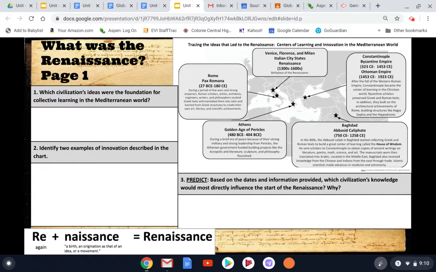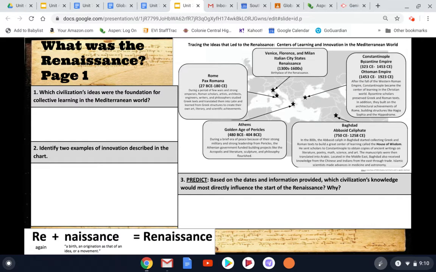So which civilization's ideas were the base? Well, we read a little bit later that Rome studied and kind of copied a lot of the culture and ideas of Greece. Even a little bit later, the eastern half of the Roman Empire becomes the Byzantine Empire, and they study and preserve a lot of Roman style architecture and culture that also is based off of Greece.